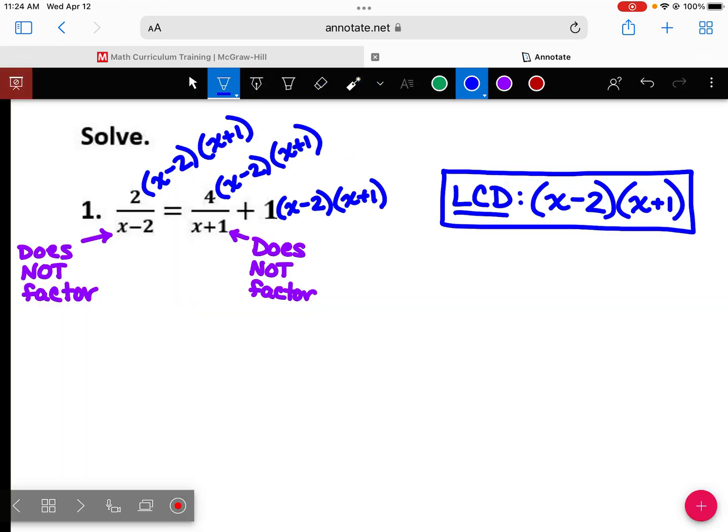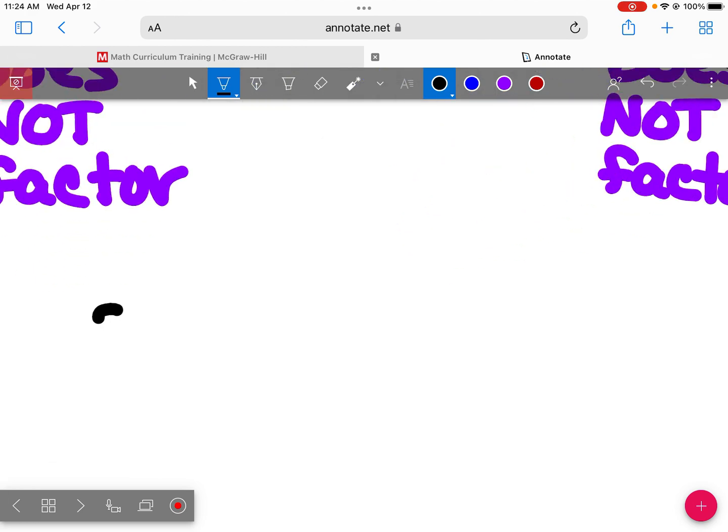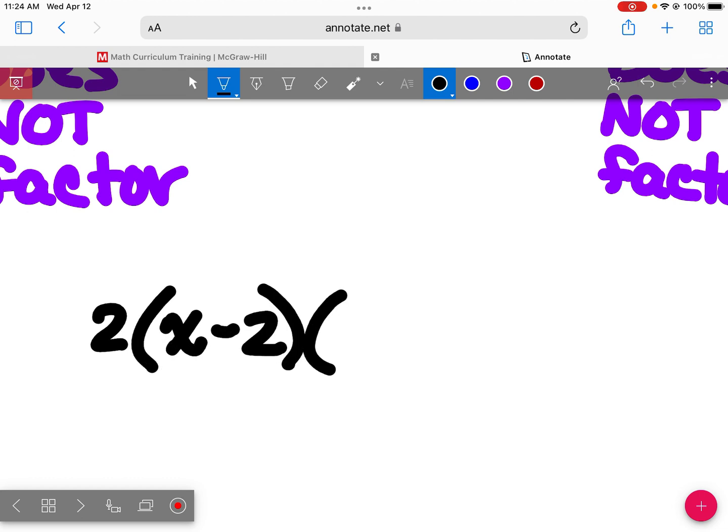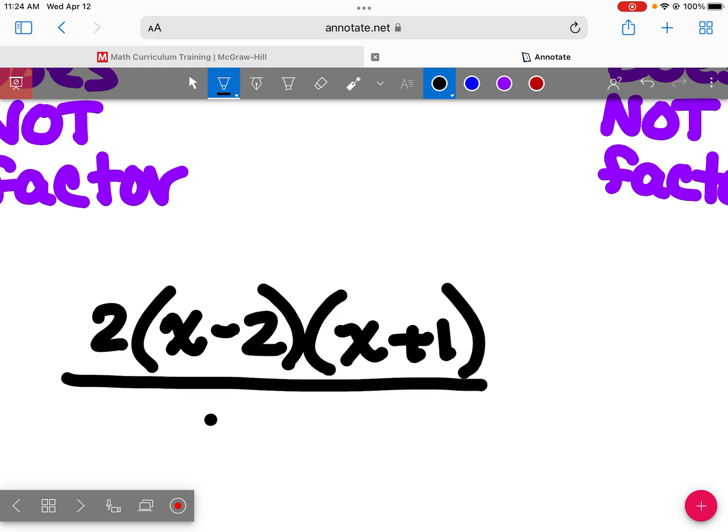All right. Before this gets too confusing and jumbled, I'm just going to rewrite each of these as being multiplied by the LCD. So my first fraction is 2 times x minus 2 times x plus 1 over x minus 2. Then I'm going to bring down that equal sign.